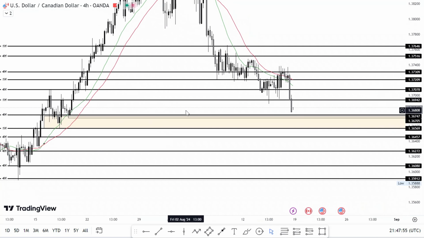Now what I'm expecting USD CAD to do again is for it to actually come back up. It's for it to actually come back to this 1-hour support and resistance level. And if you don't know how I draw these 4-hour, 1-hour, weekly, daily support and resistance levels, I'm going to put the link to my video on how I did this, because the market is based on support and resistance.